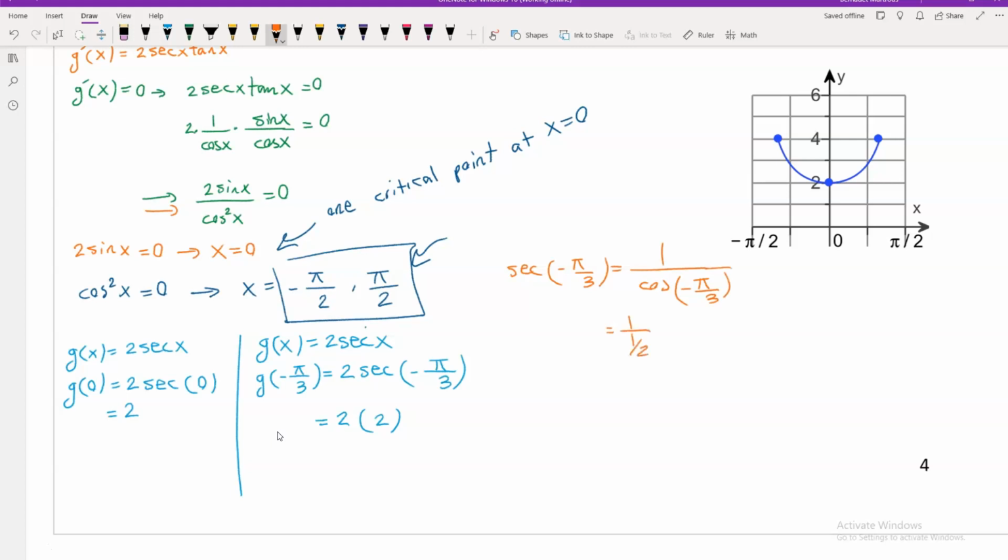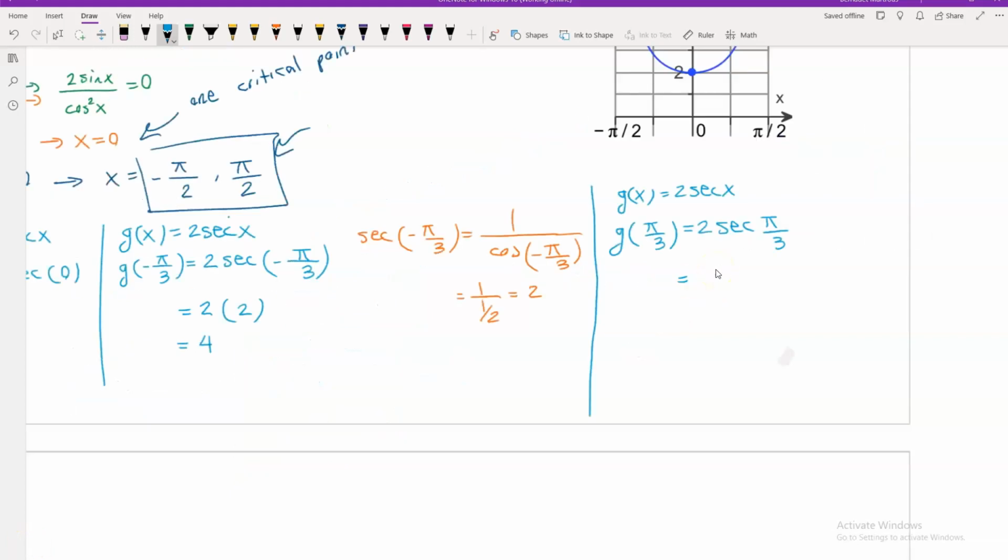So we have 2 times 2, and that is 4. Now finding g of pi over 3, that is equal to 2 times secant pi over 3, and secant pi over 3 is equal to 2. So it's 2 times 2, the answer is 4.